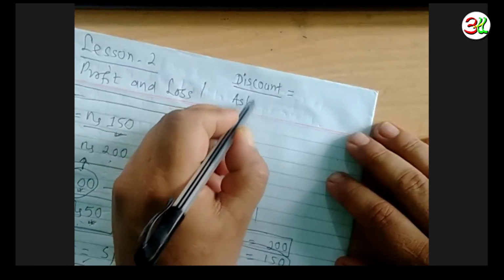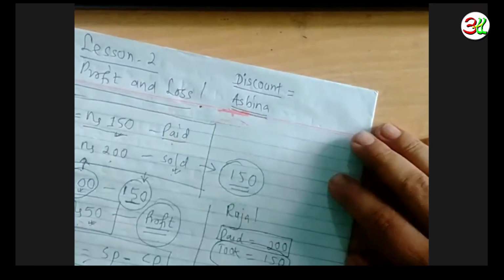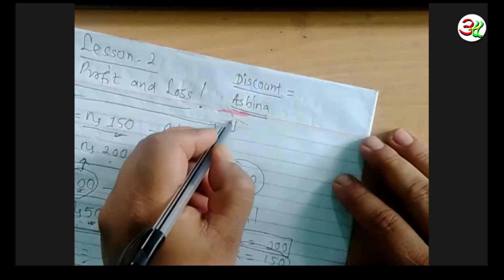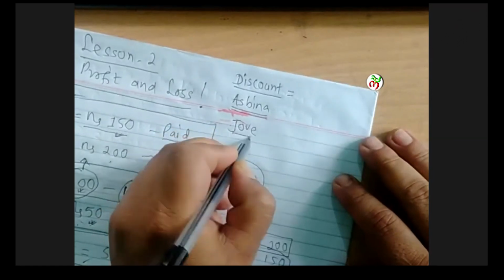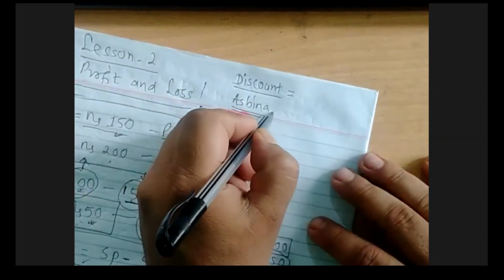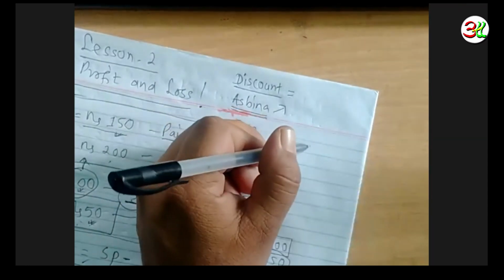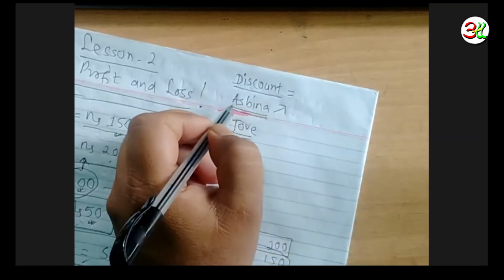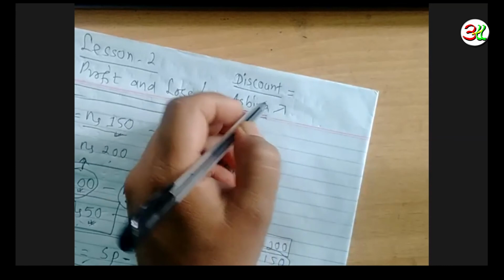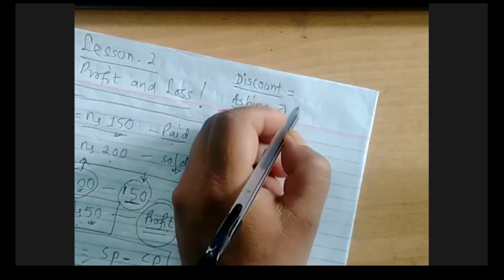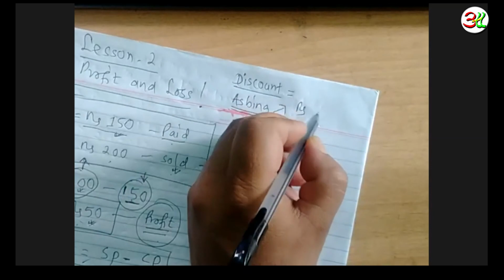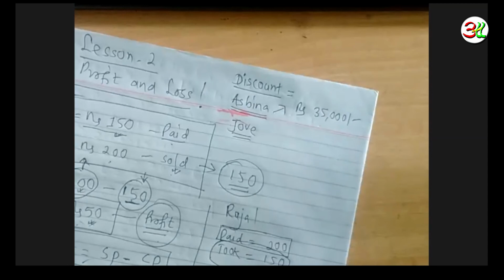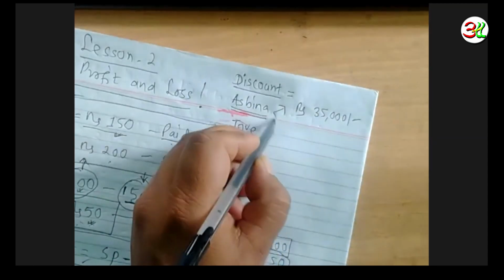Suppose you are a shopkeeper, Asmina, and Job went to her shop. Job wants to buy a mobile. Asmina has a mobile shop. Asmina told Job its price is 35,000, and Job asked for some discount.